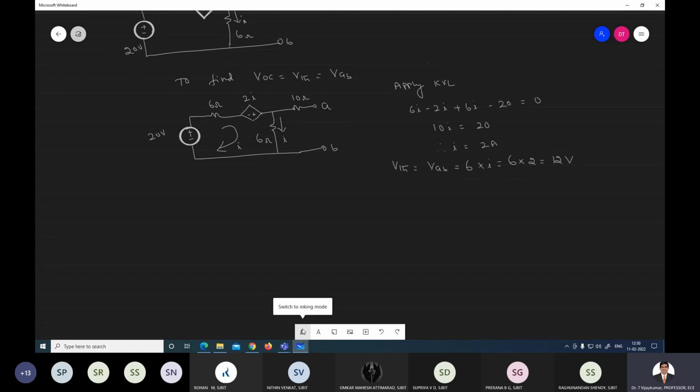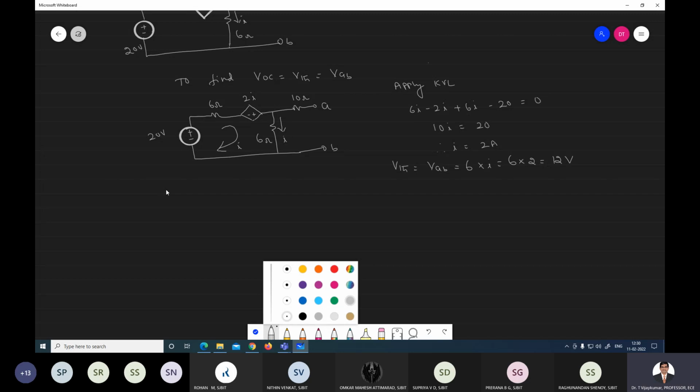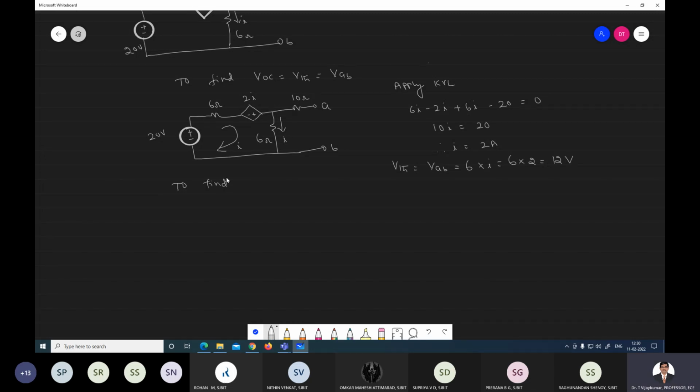Next, you have to find out RTH. To find the Thevenin resistance here, you have to short the output terminals and find out the short circuit current.